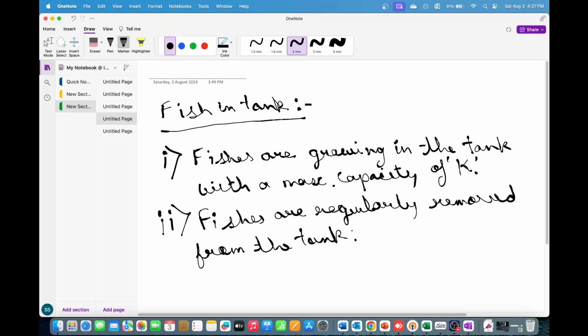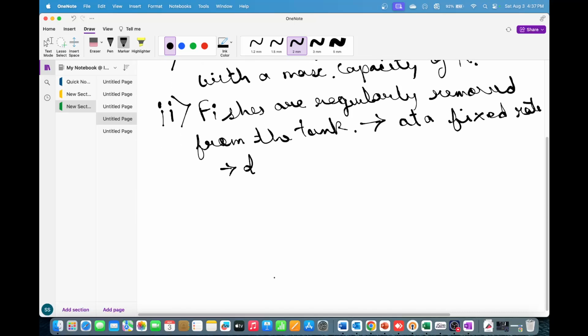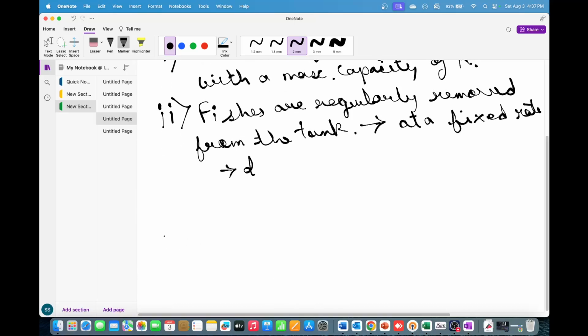Okay, and this is done at a fixed rate, which we can define as D. We can assume that to be D. And the last assumption here is there is no death in the system.